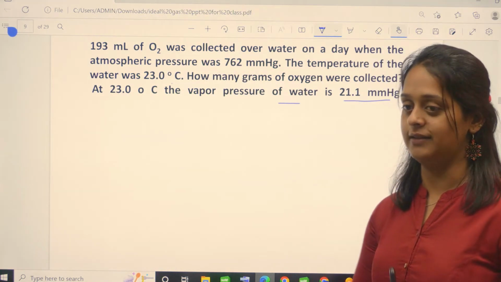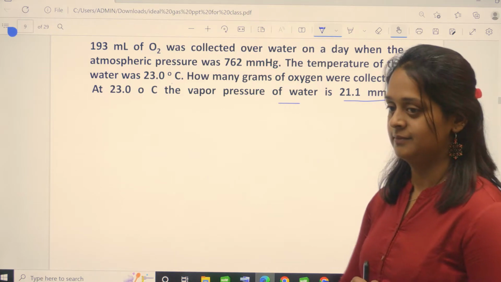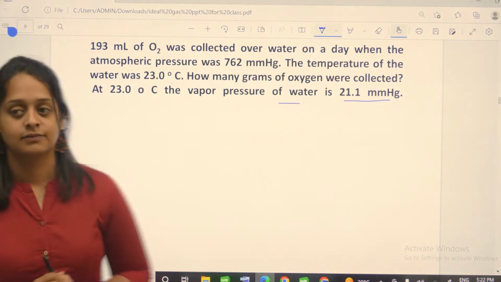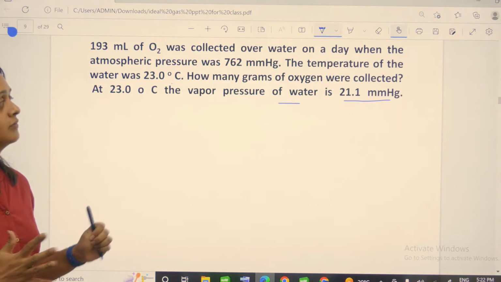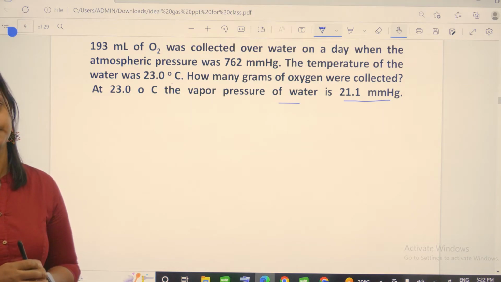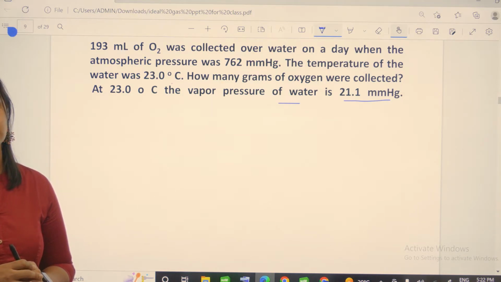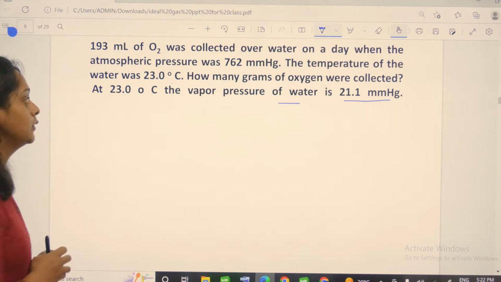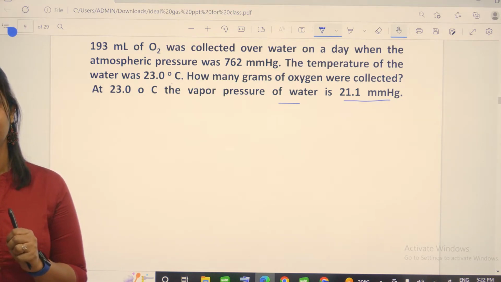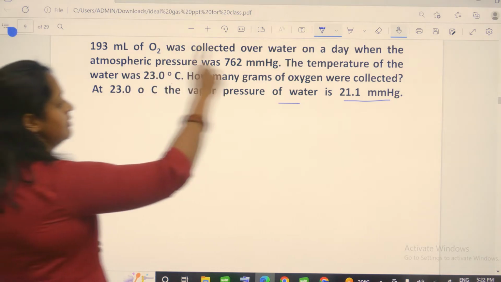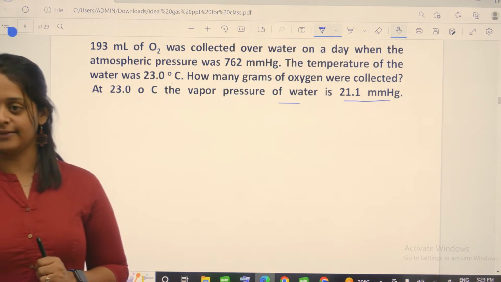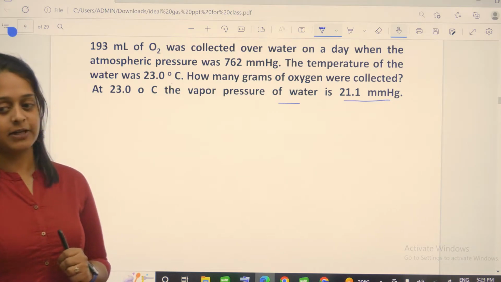Now, how will I proceed? What will be my first step? We have to calculate the grams of oxygen. So for that, the first thing would be to calculate the pressure of the gas. Total pressure minus the aqueous tension will give me the pressure of the gas.